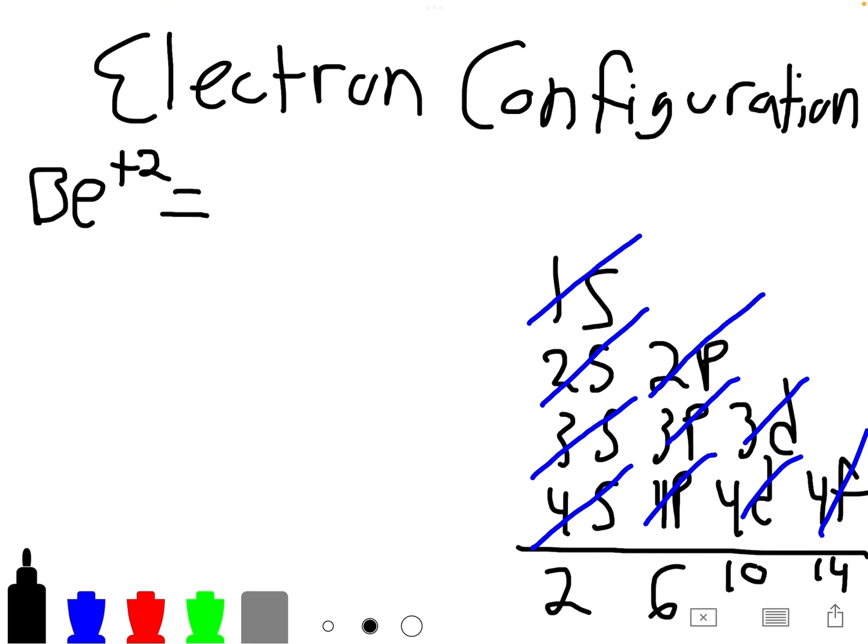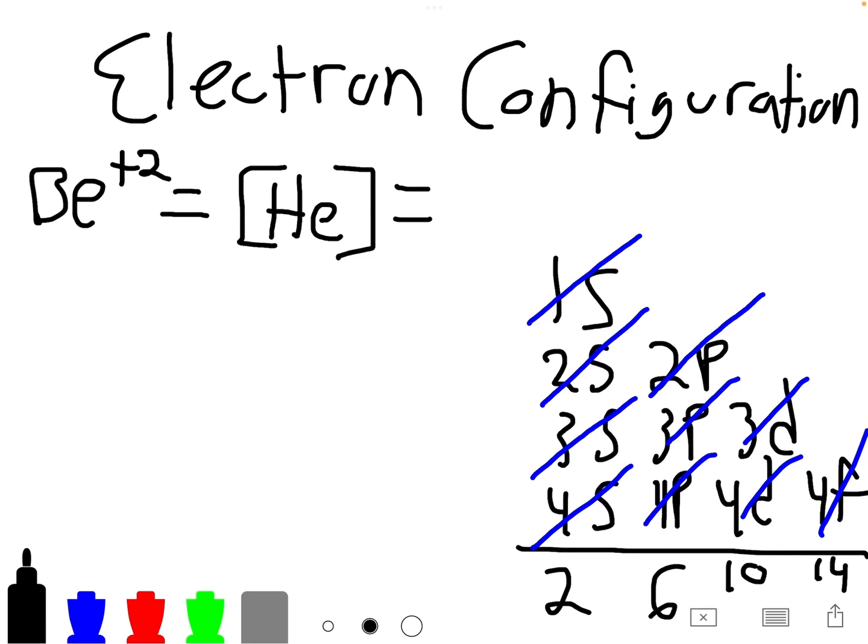So beryllium with a positive charge of 2 is going to be helium. So that will be the noble gas configuration, will be helium. Whatever noble gas the charge is making it go to, you're going to just write the configuration for it.